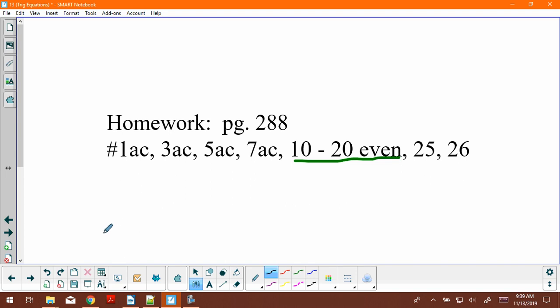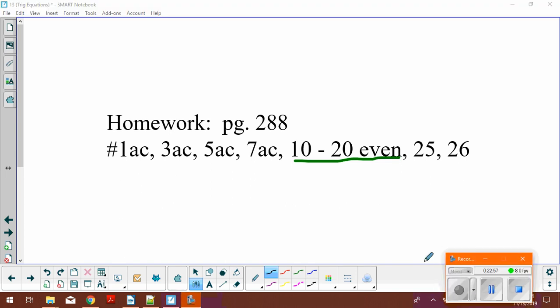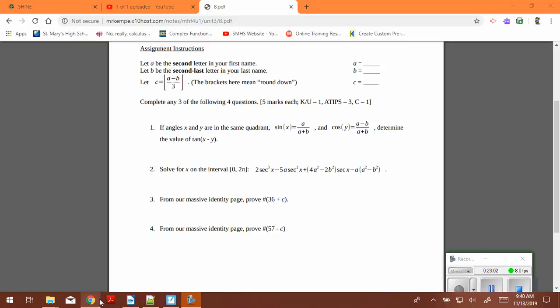One quick note about the assignment. It was pointed out to me yesterday that on question 2, this one right here, it says solve for x, but it's not an equation. It doesn't say equals something. So that expression should just be equal to 0.